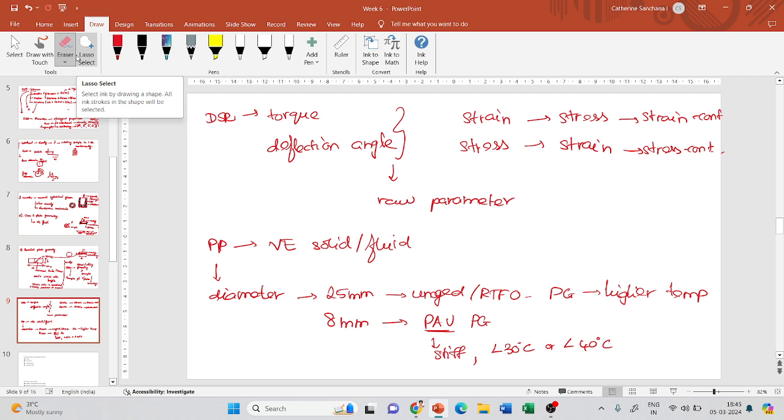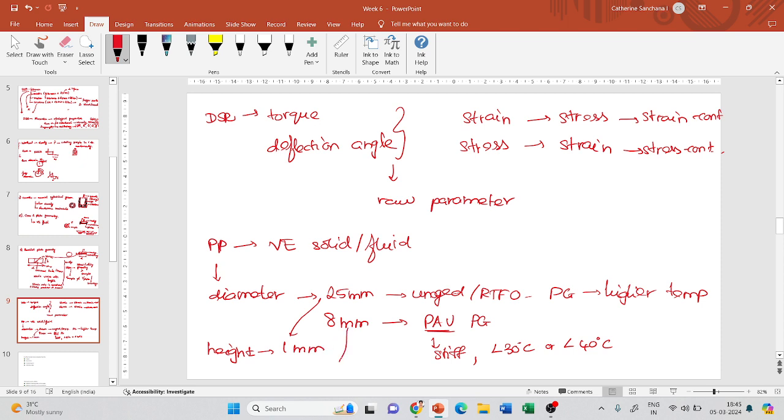Now this is concerning the diameter of the geometry, right? But the height should also be varied. In the case of a 25 geometry, you will use a gap of 1, and in the case of an 8 geometry, you will use a gap of 2.